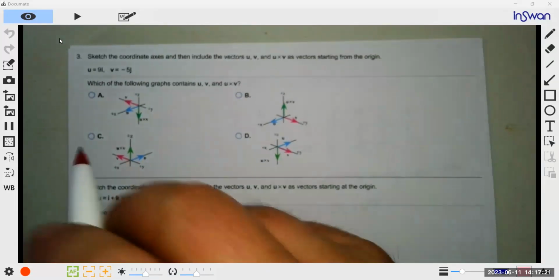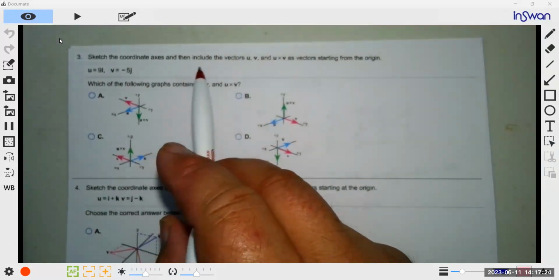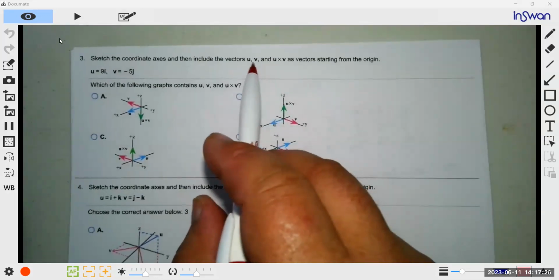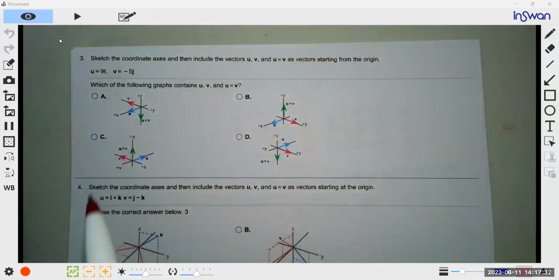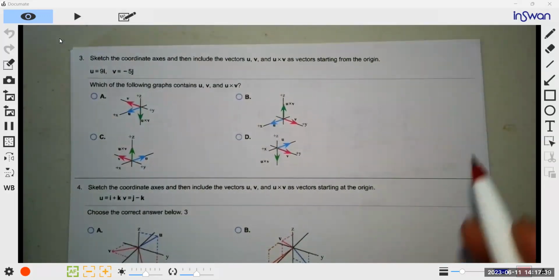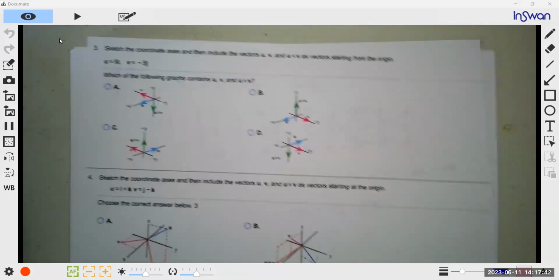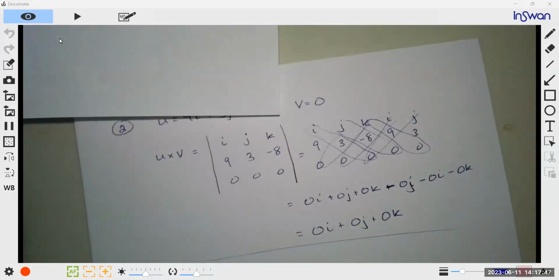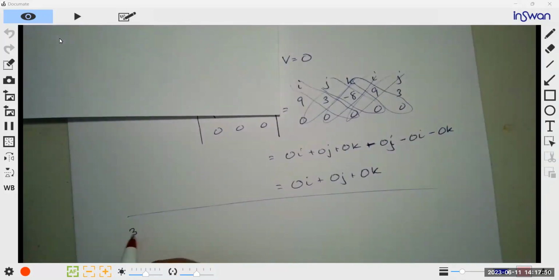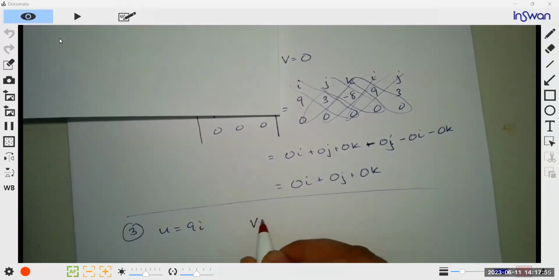All right, number 3. Sketch the coordinate axis and then include the vectors u, v, and u cross v as vectors starting from the origin. All right. So let's look at this. Let's draw this out. I'm saying u is equal to 9i, v is negative 5j.